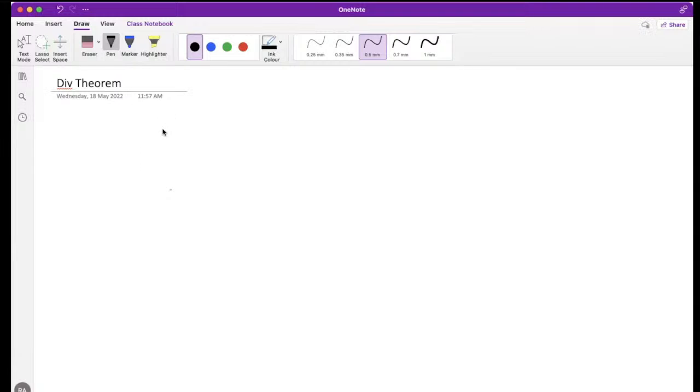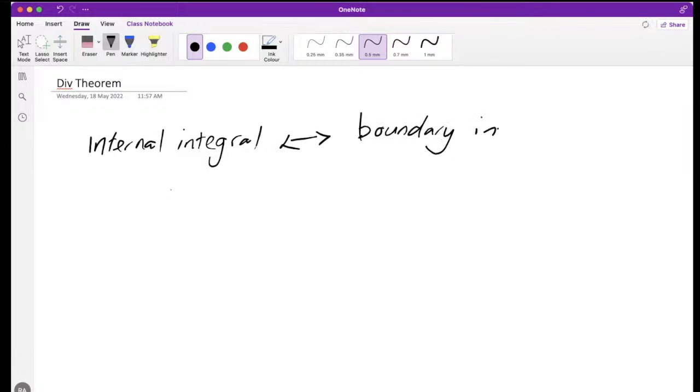The divergence theorem governs the relationship between what I'm calling here the internal integral and the boundary integral.